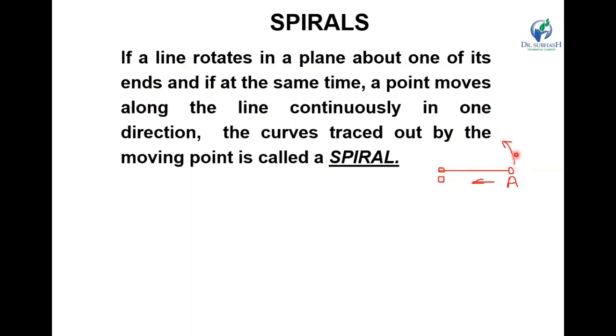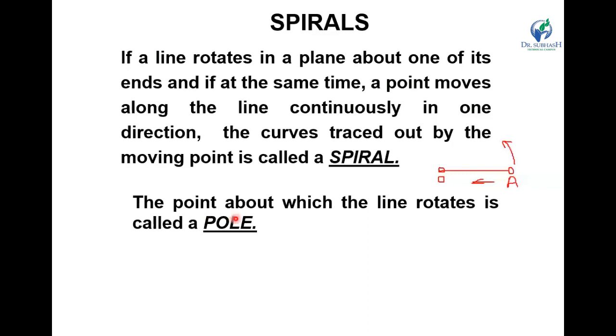At the same time, suppose an insect is at point A. When the line moves in the counterclockwise direction, the insect on point A moves towards the center O. The path of that insect is called a spiral.